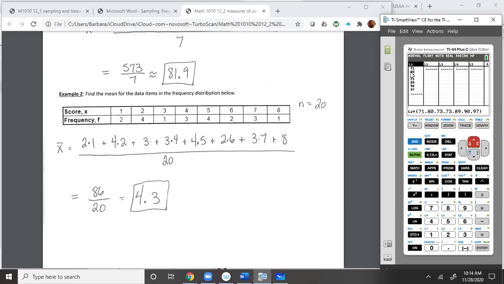I'm going to clear L1. And to clear, you press Clear, Enter. Enter the numbers 1 through 8. And then we're going to arrow over to L2 and we're going to put in the frequencies.